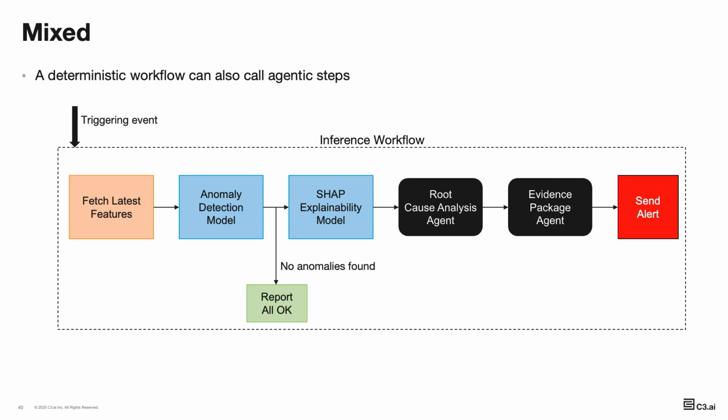And then at that point, we can give an alert to the user. So you can see here, we're combining deterministic workflows, non-deterministic agents, as well as traditional machine learning, where we have maybe a supervised or unsupervised learning model.